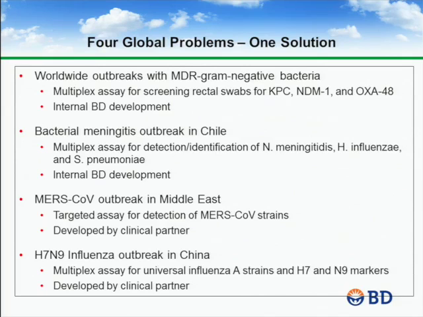That was done internally. We developed the assay. We took the assay and the MAX instrument, flew down to Santiago, Chile, trained the laboratory technologists there, did the validation work of the assay, and implemented the procedure. That process took 6 weeks. So very rapid, going from a need to a solution.